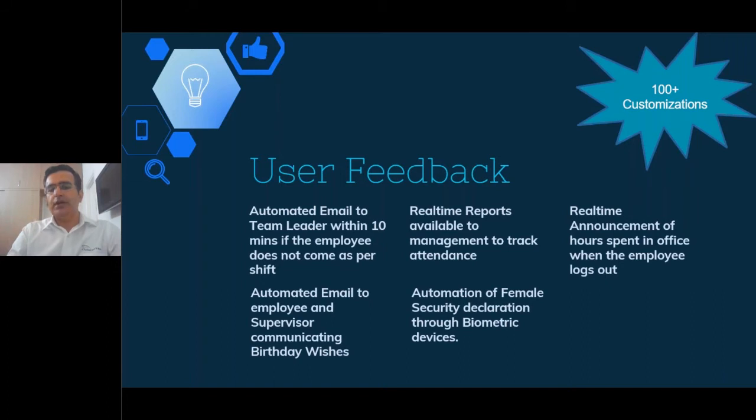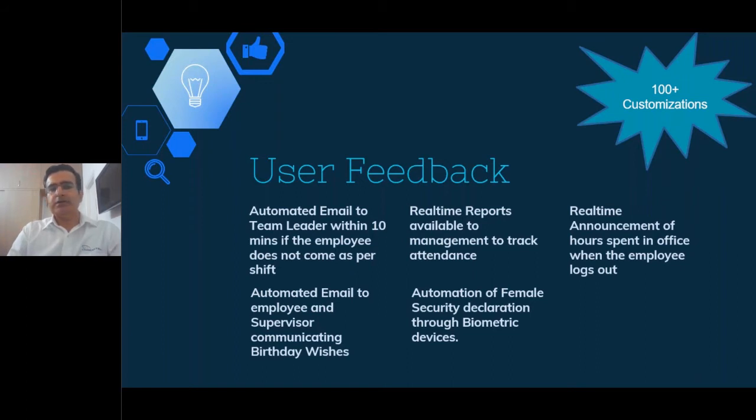The other piece that really happened was that with all the instances that happened in the last few years, female security became very important to us. So we started providing transport to all the female employees that were going after 7 p.m. What we realized was some of the times people were not taking that complete transport also.